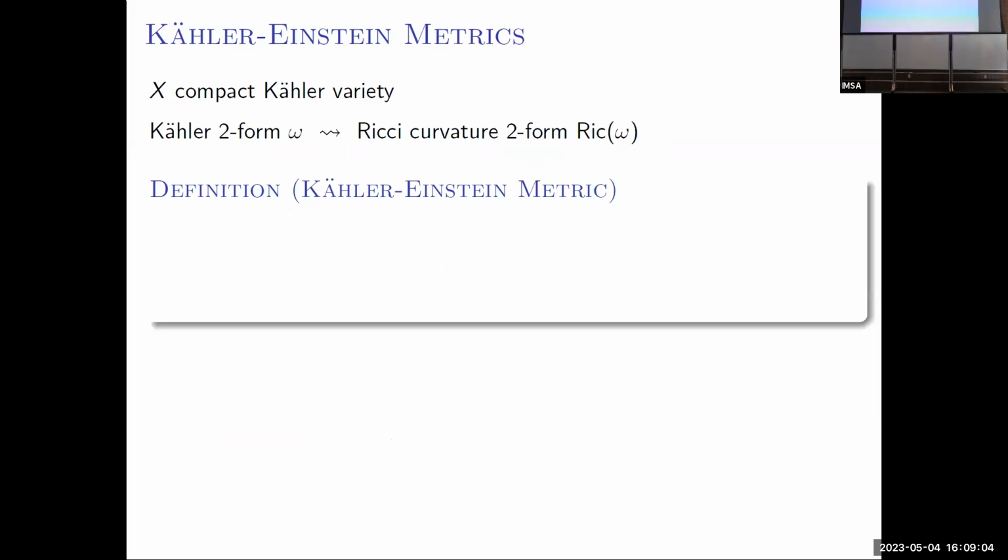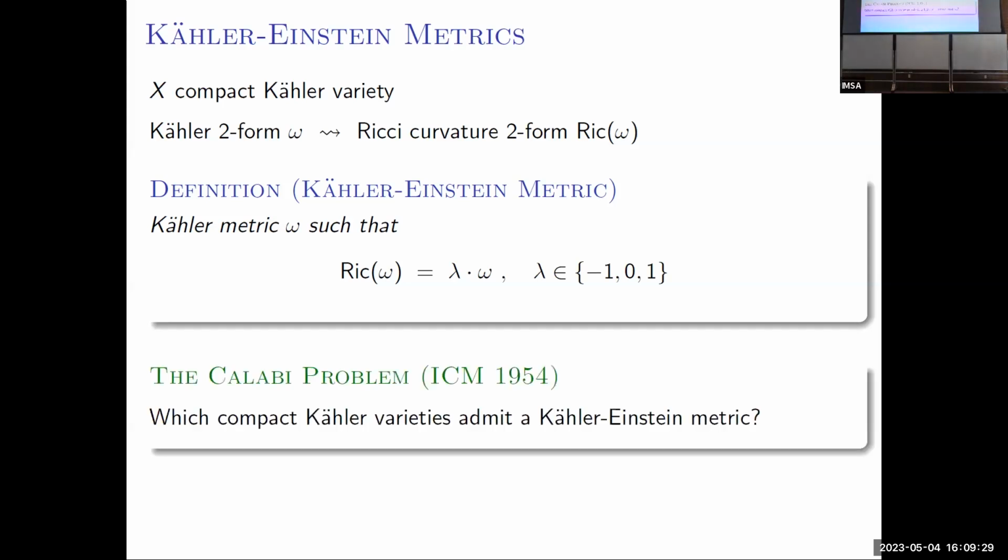Now let me remind you, what is the Kähler-Einstein metric? This is a Kähler metric for which the Ricci two-form is just a constant multiple of the given Kähler form omega. By rescaling, we can assume that this factor is either -1, 0 or 1.